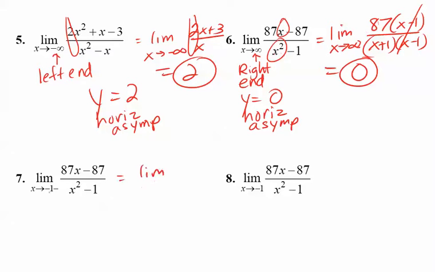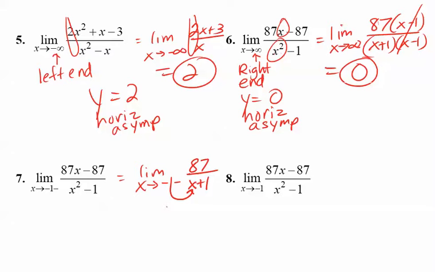So here we are talking about what happens at our vertical asymptote of -1. In our factored form, once we've removed our common factor, we can do our substitution here.